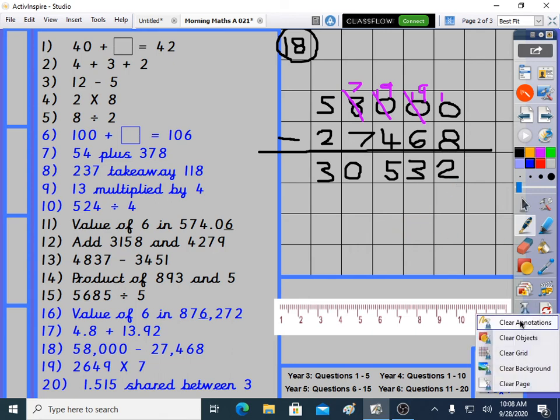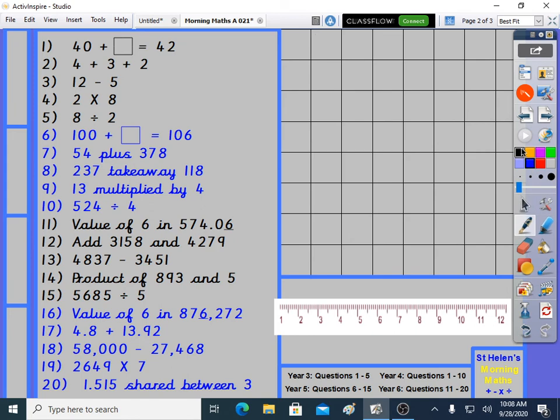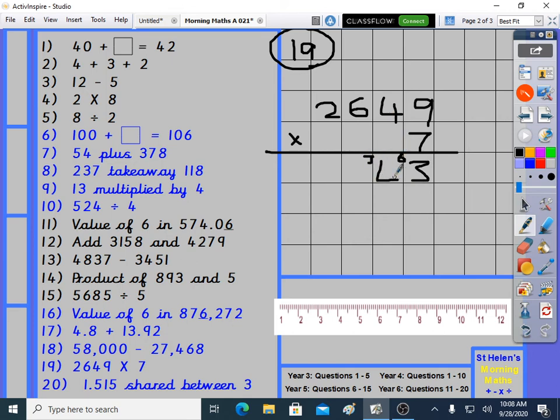Let's go on to question 19. Multiplication, standard method usually in year 6. 2,649 times 7. 7 times 9 is 63. 7 times 4, 28, plus 6, 34. 7 times 6, 42, plus 3, 45. 7 times 2, 14, plus 4, 18. 18,543.